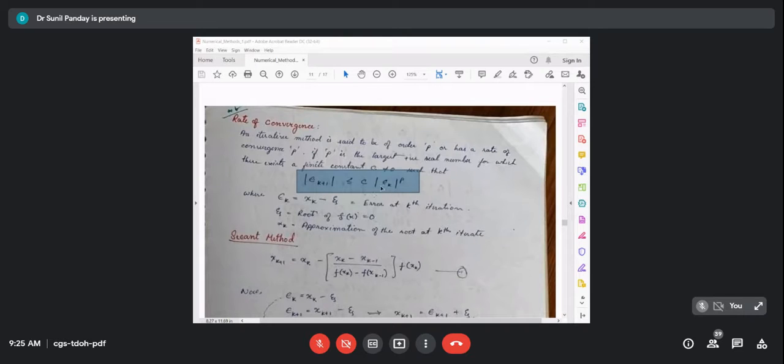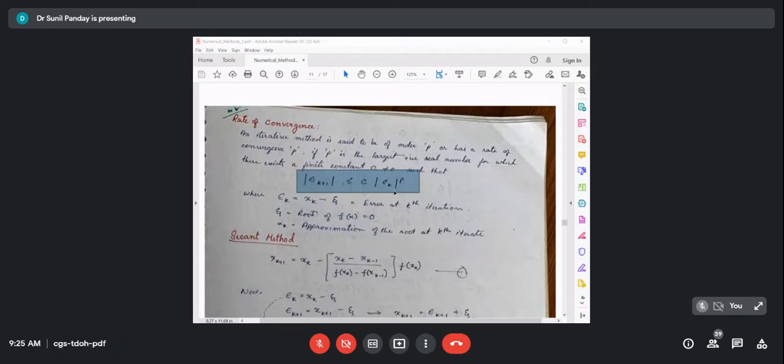So it means that the error at the k plus 1th step is getting p times better than the error at the kth step.